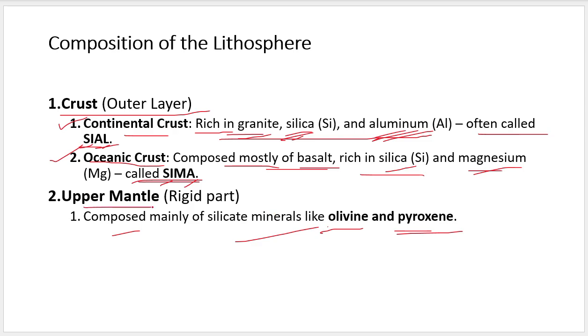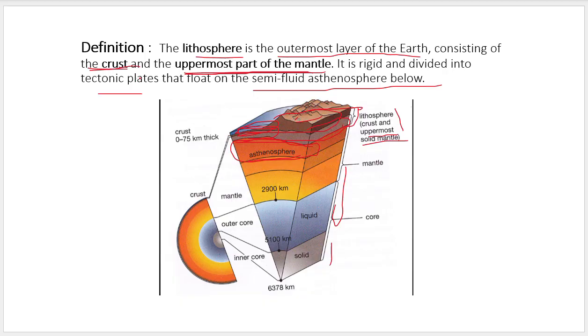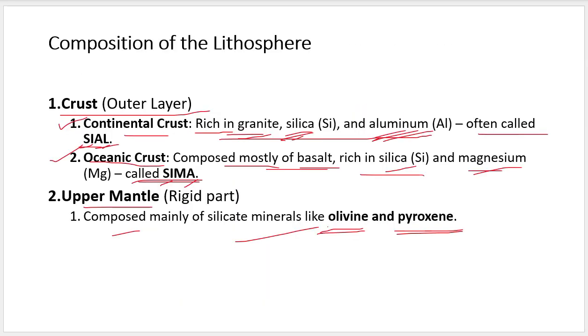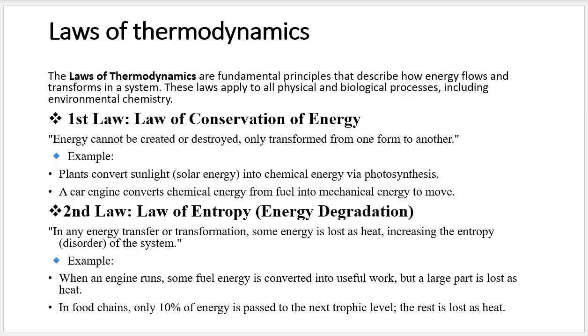So please remember what kind of minerals are found in the upper part of the mantle layer. They are olivine and pyroxene. Okay, so this is about the lithosphere. Then we come to our second topic, that is laws of thermodynamics.